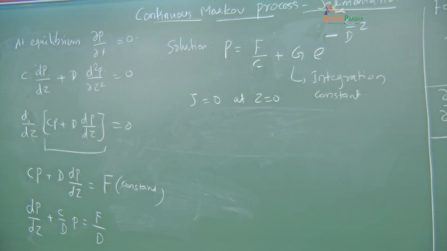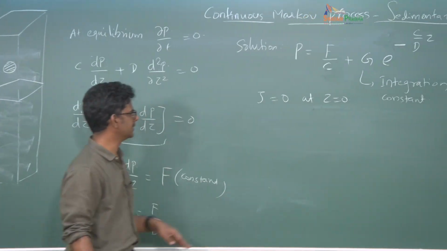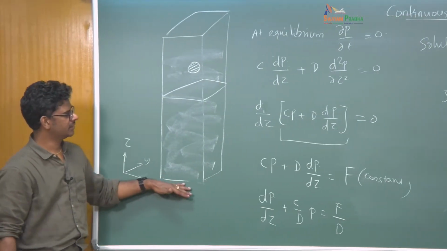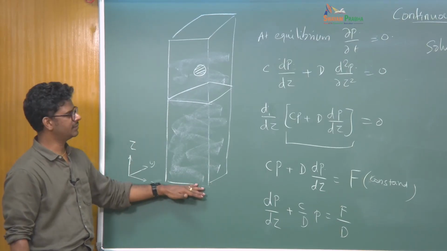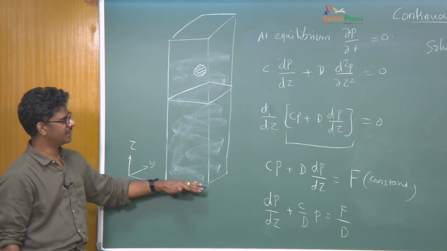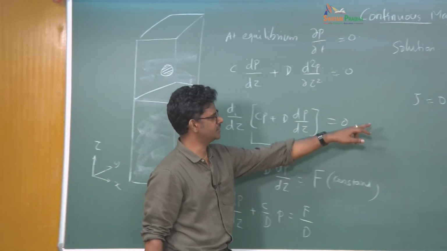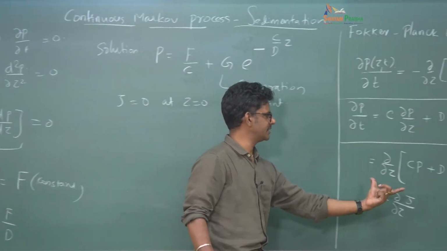So what we want to do now is apply this boundary condition that at the bottom of the container, the particle cannot go through. It is basically impermeable. So the flux of the particle at the boundary is 0, that is, this flux J is 0, and J is nothing but this entire term.